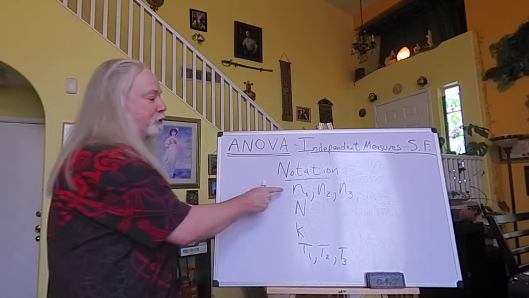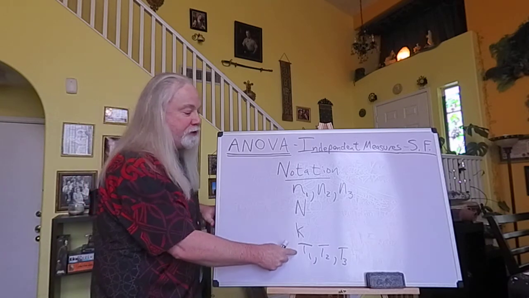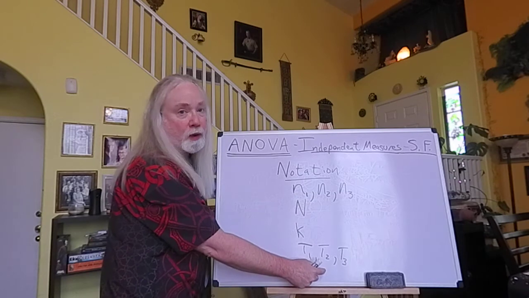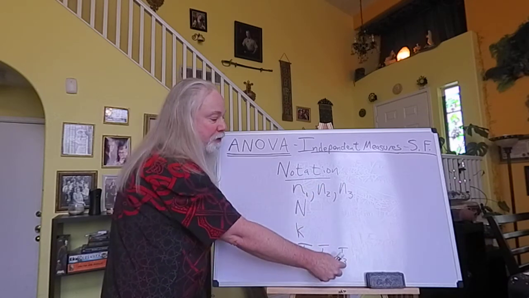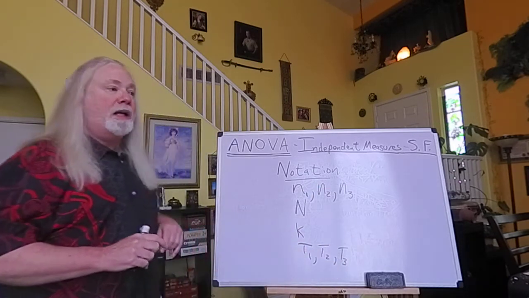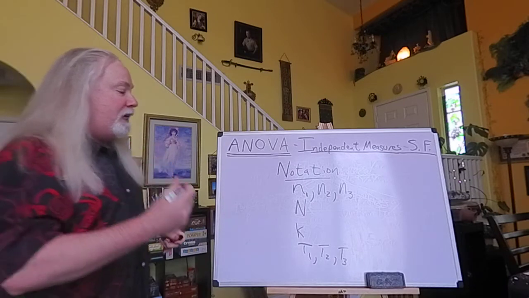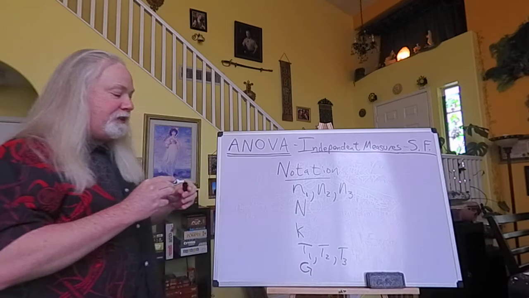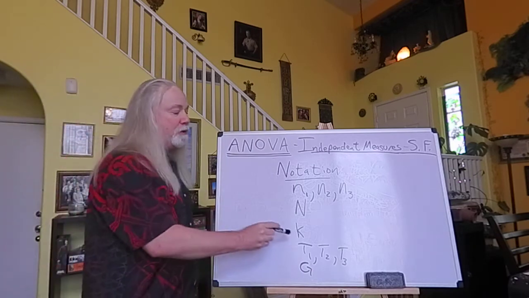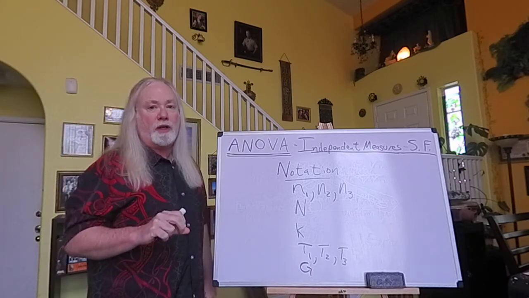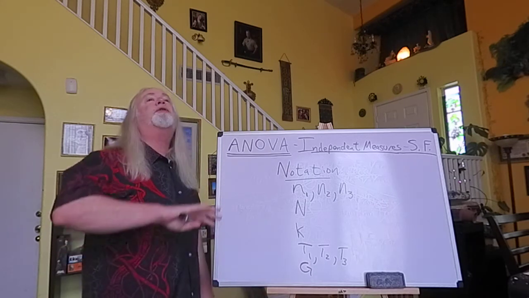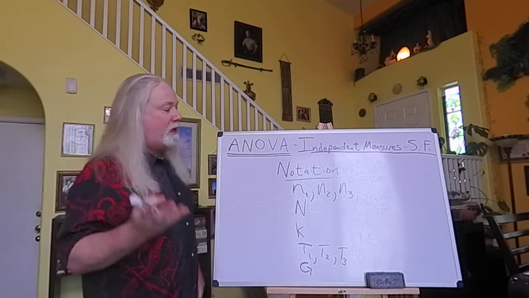So how many scores are in the first sample, and what was the sum of their scores for the first sample? How many scores in the second? What's the sum of their scores? How many scores in the third? What's the sum of the scores in the third? And then we need a G. G stands for grand total. T was treatment total. G is grand total. So this is the summation of all the raw scores for the entire study.